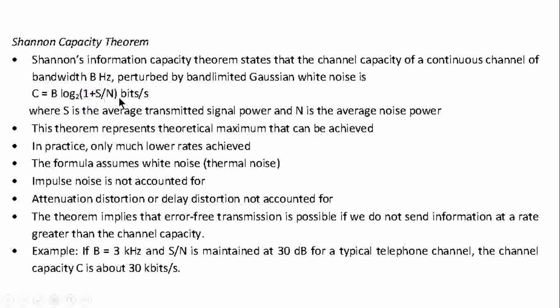And this is measured in bits per second. So this formula helps us to understand how we can have an error-free transmission in terms of noise. The greater the capacity of the transmission, the more you reduce the noise. So you increase the channel capacity for you to reduce the noise. That's the principle behind Claude Shannon theory.